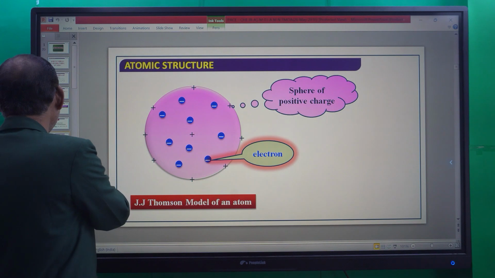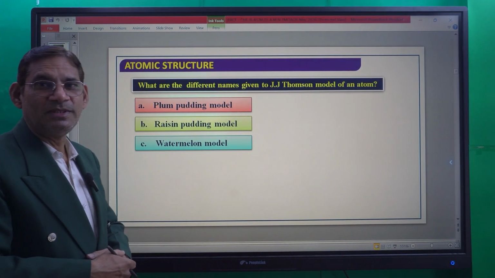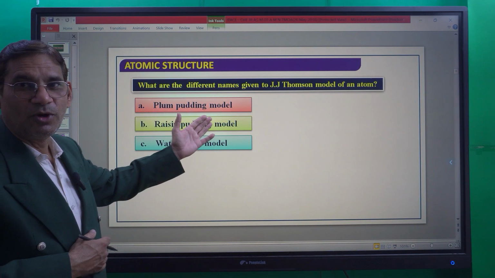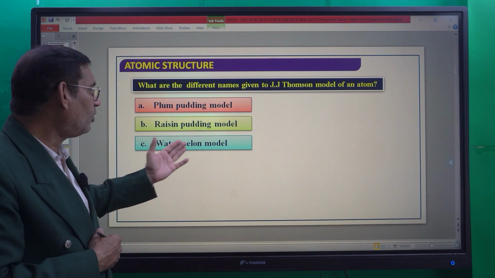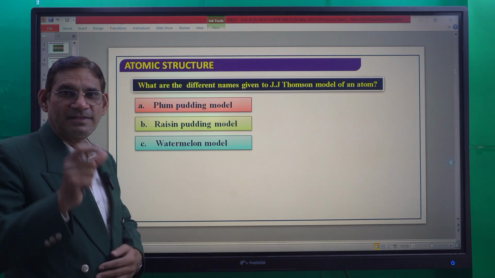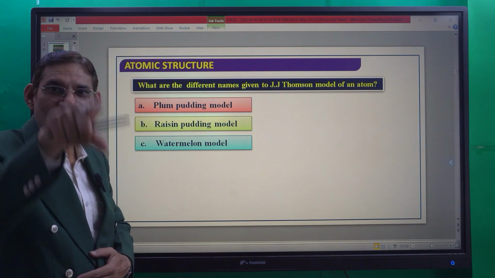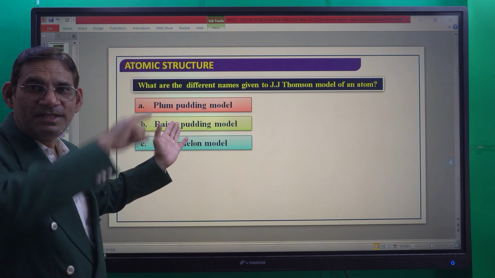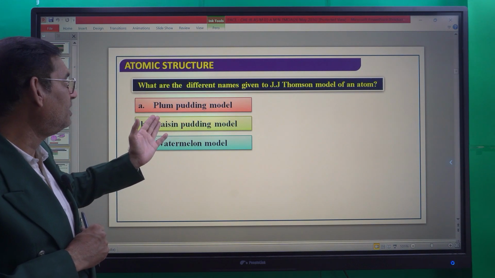This was J.J. Thomson's atomic model. It is also known as the plum pudding model, raisin pudding model, or watermelon model. As in a watermelon, seeds are uniformly distributed throughout the watermelon, as in a pudding, raisins are uniformly distributed in that pudding.